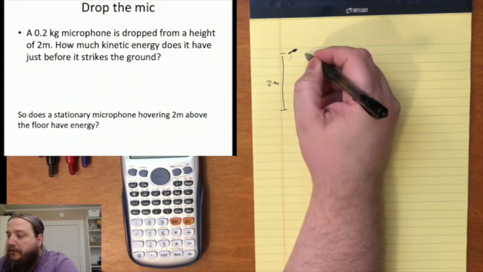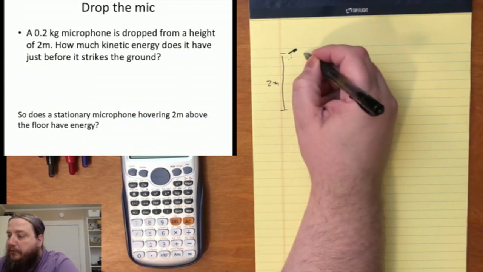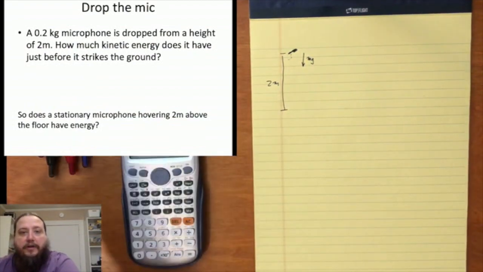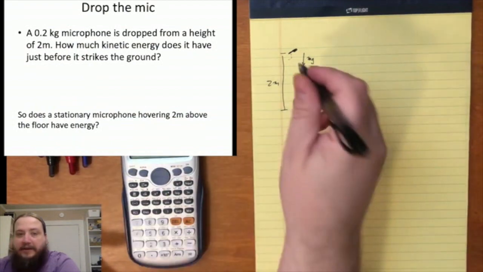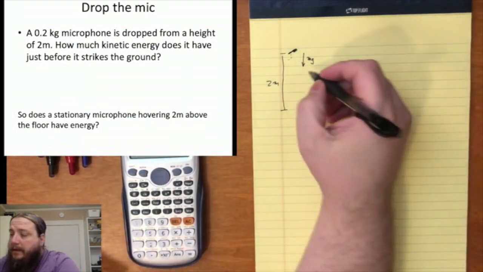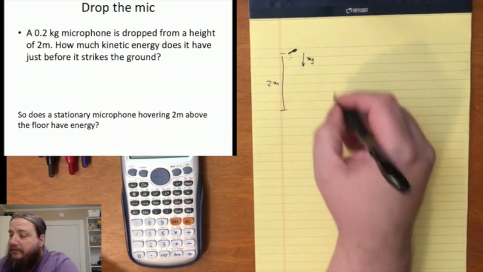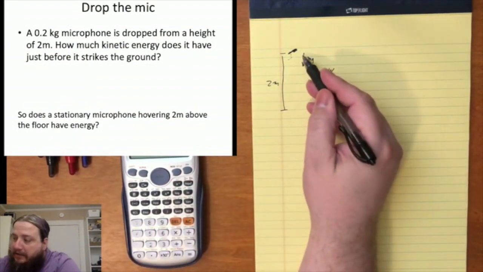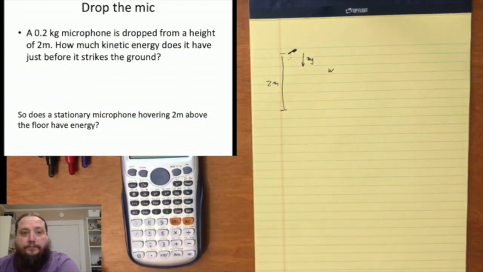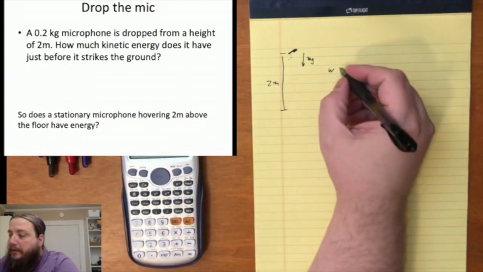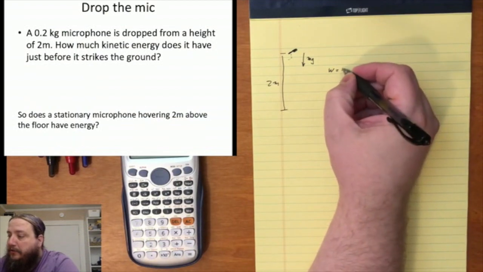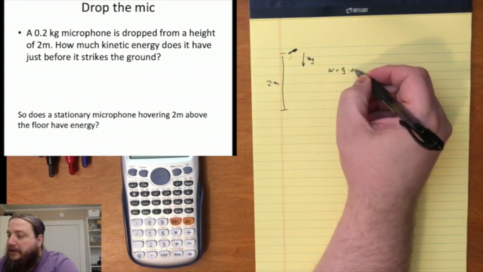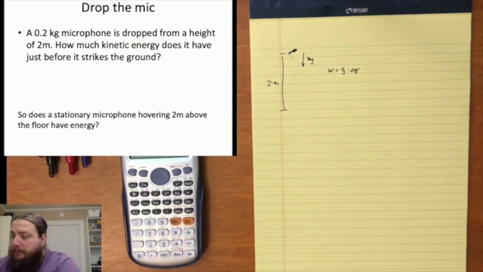It starts from rest, and so it has no kinetic energy to begin with. But as it falls, there is a gravitational force, mg, the weight of our microphone, and it's acting downward. And it acts through this distance of 2 meters, and so the work done by gravity as the microphone falls is the force of gravity times our change in altitude.